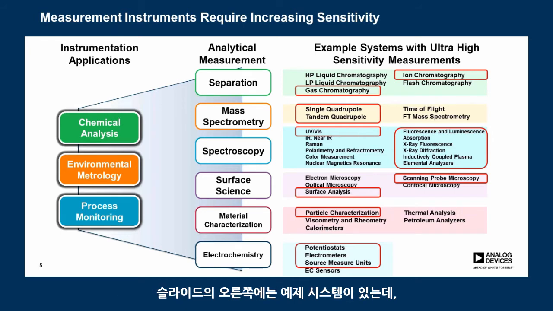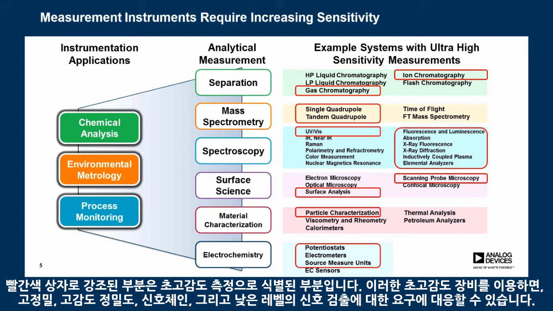And to the right of the slide, these are example systems, with the ones that are highlighted in the red box being the ones that we identify as needing ultra-high sensitivity measurements. And with this ultra-high sensitivity equipment, there is a need for a high precision, high sensitivity signal chain, and also a need for lower level of signal detection.